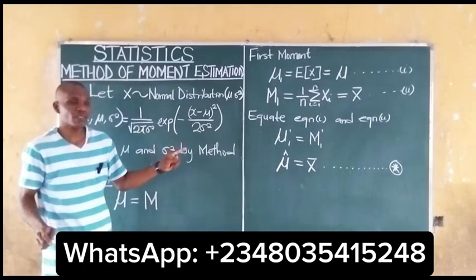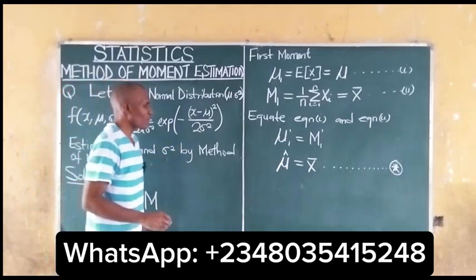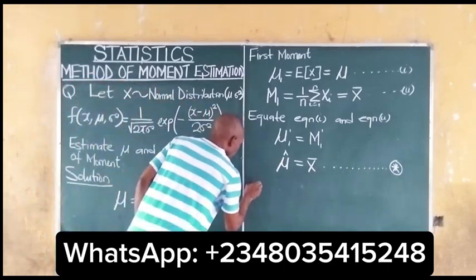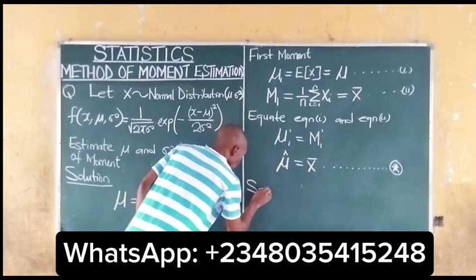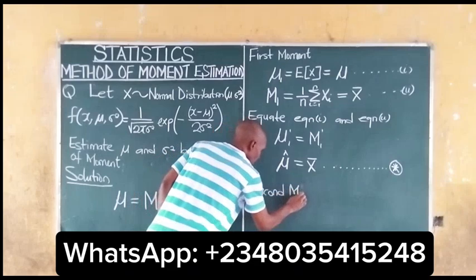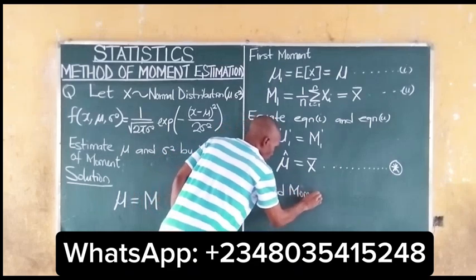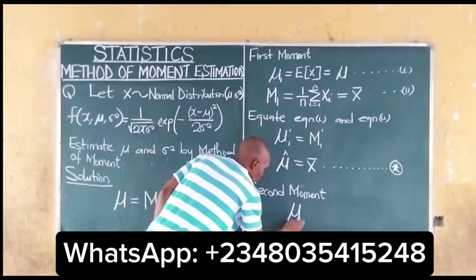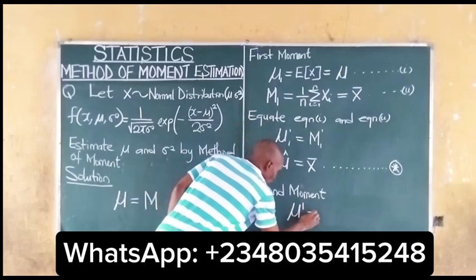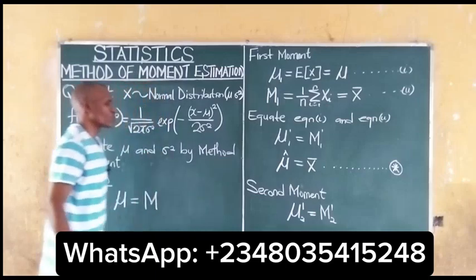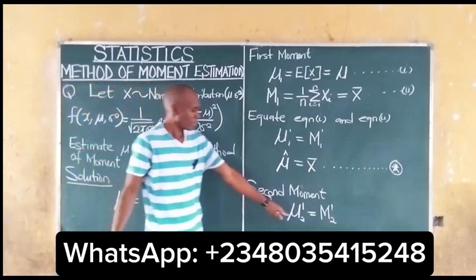That is for the first moment. Now, for the second parameter, we say for the second moment.